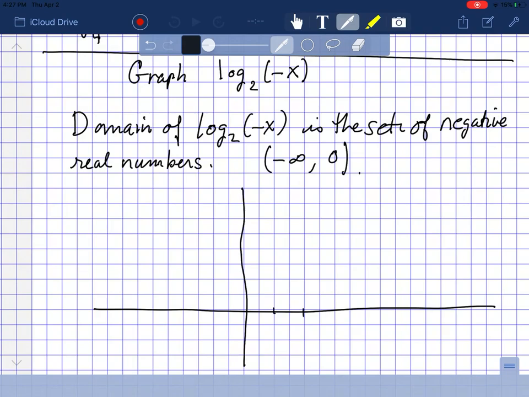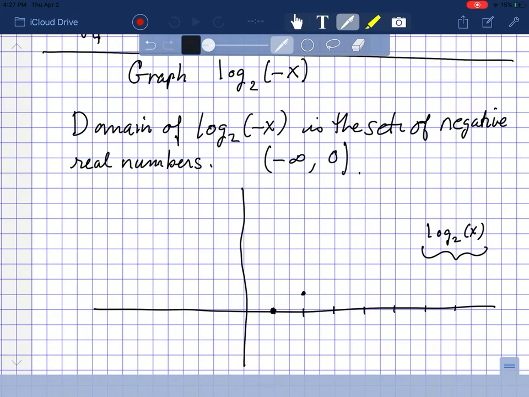So, here we have 1, 2, 3, 4, 5, 6, 7, 8. I don't know if I really want to go out that far. If I graph the log function base 2, this domain is the set of positive real numbers. So it's going to look like this. The log base 2 of 1 is 0.